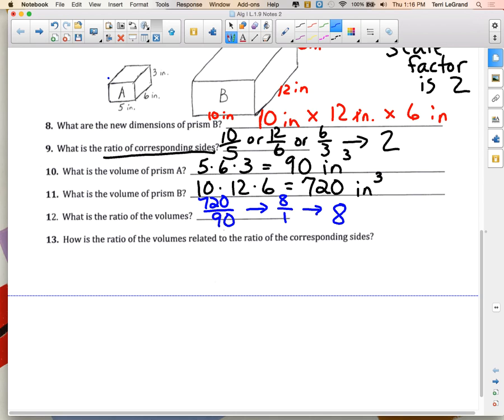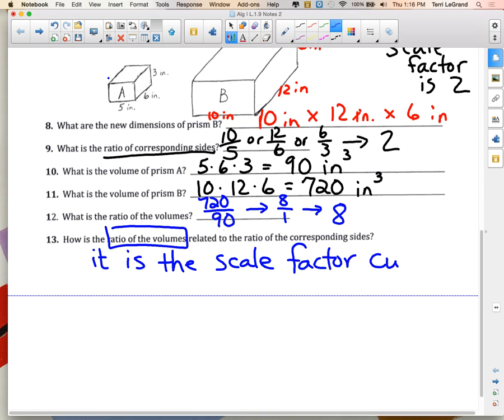It's not 6, is it? 2 times 2 is 4, and 4 times 2 is 8. So we can say the ratio of the volumes is the scale factor cubed. You have to take the scale factor times itself. There are 3 factors of it.